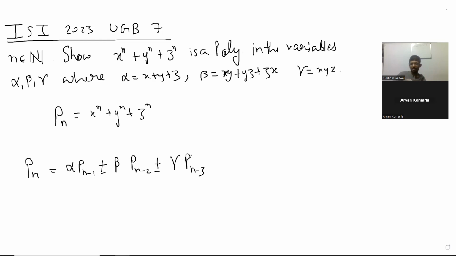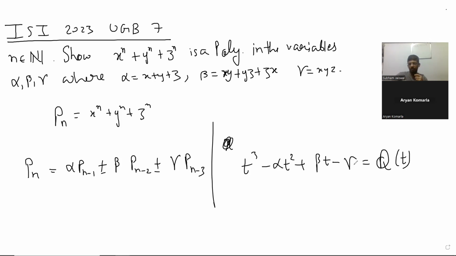And this basically comes directly because you consider a polynomial which has roots x, y, and z. So suppose you take t cube minus alpha t square plus beta t minus gamma, this polynomial Q(t).